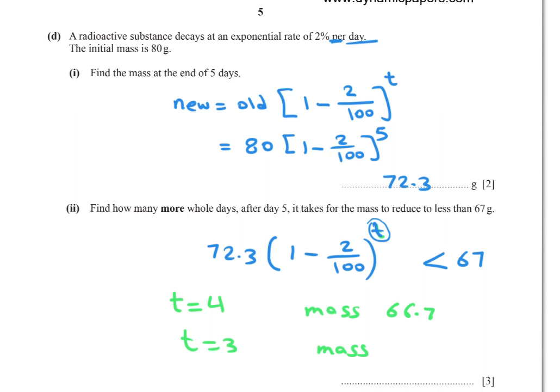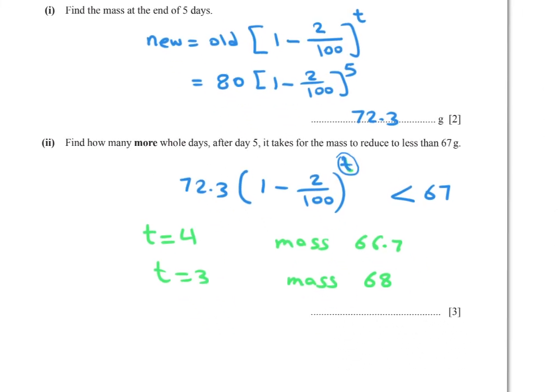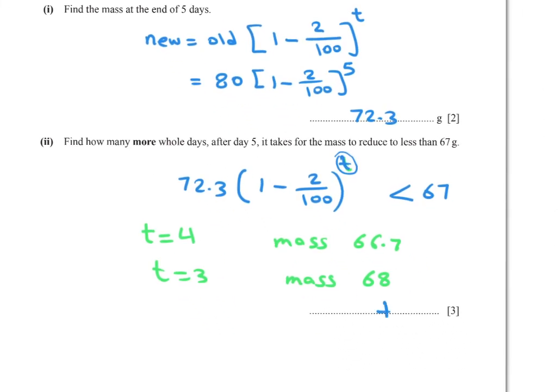That just changes the power. When t equals 3, the mass is 68, so it doesn't work. So we need 4 days. How many more? 4 more days for the mass to be less than 67. So 4 more days.